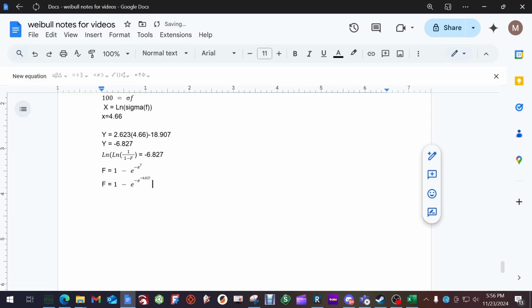Okay, so this goes to solving for the failure rate of 0.00108. This is a fraction, so times it by 100 to get percentage. So we're looking at 0.1% failure rate at 50 megapascals.